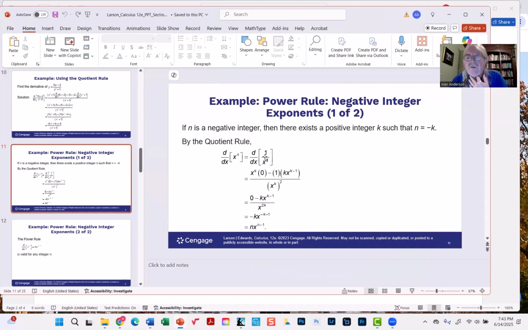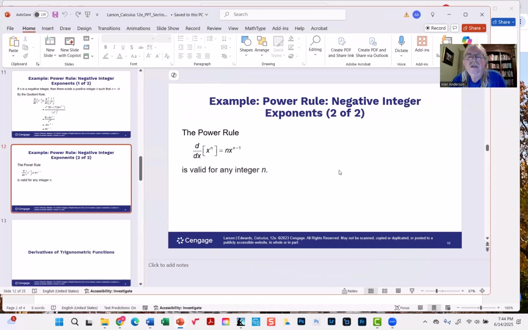And when you derive this, you're going to end up with the power rule, n x to the n minus 1, assuming that n equals negative k. I don't know how important this really is, but sometimes it's interesting to see how these results were derived. And of course, this is our old friend, the power rule. Never forget that one either.